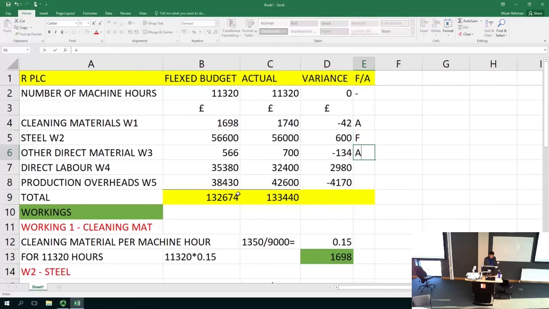Spend more money, adverse. Spend less money, favorable. And spend more money, adverse.